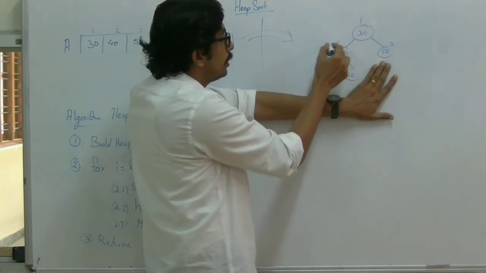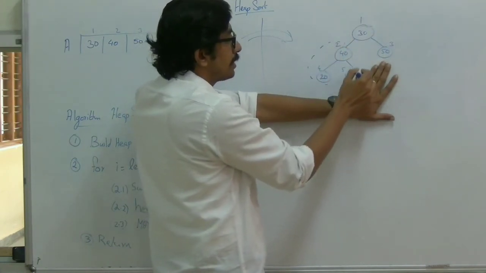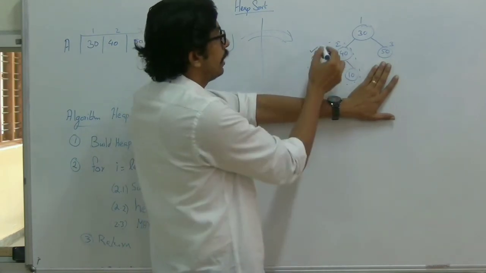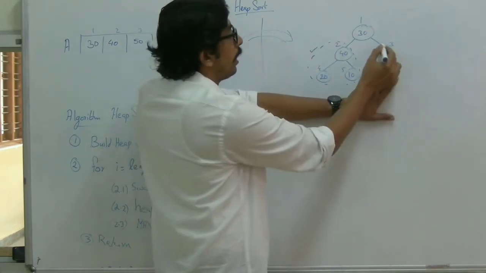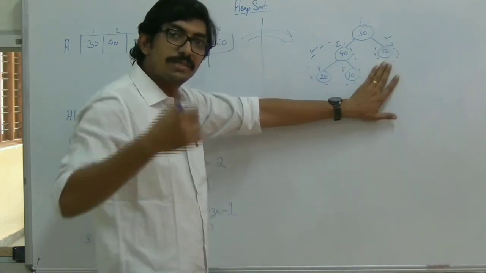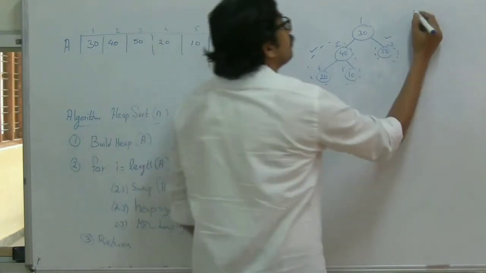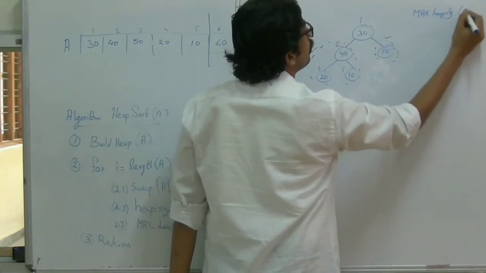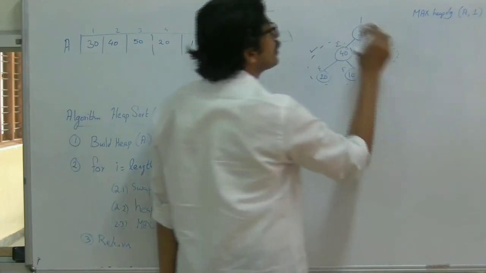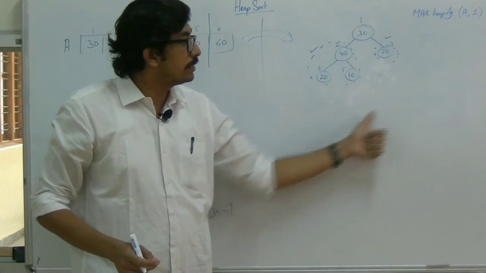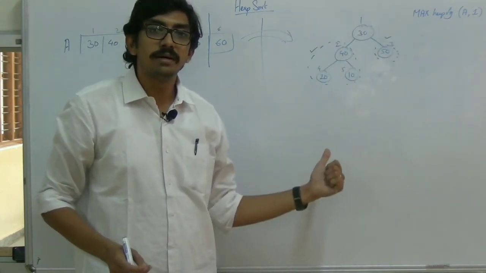So this part is unaffected, which means the left subtree is already a max heap and the right subtree is also a max heap. So instead of calling build heap, you can simply call max heapify of a comma 1, which is the root position.